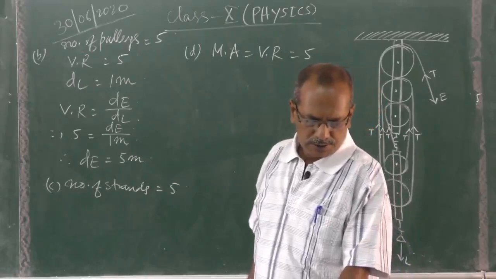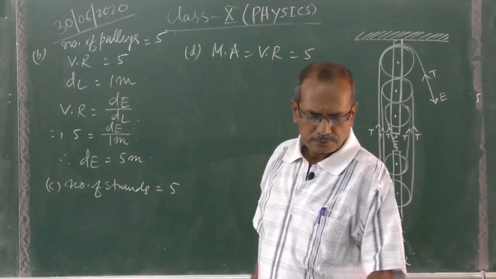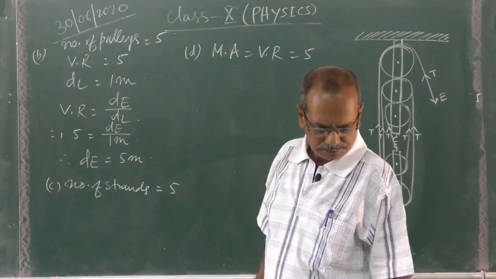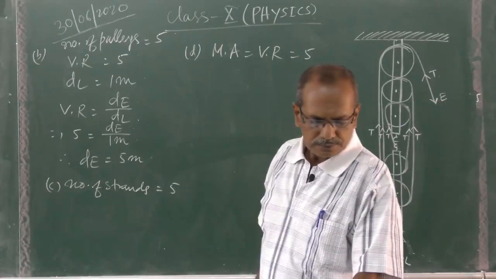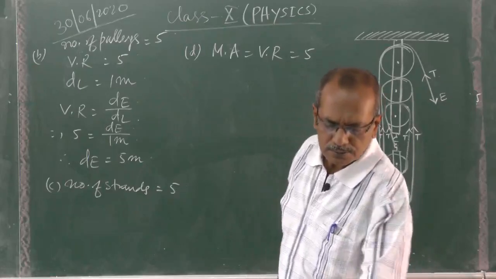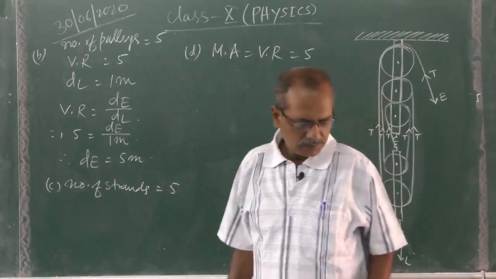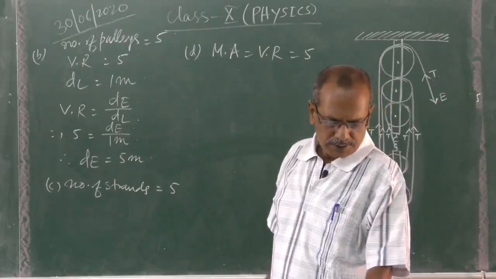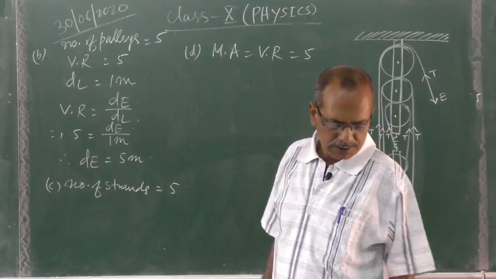We have to consider the ideal case. Now question number 5 also we will do. A block and tackle system has 5 pulleys. If an effort of 1000 Newton is needed to, okay.